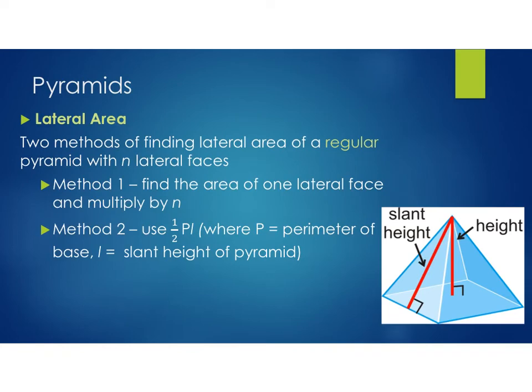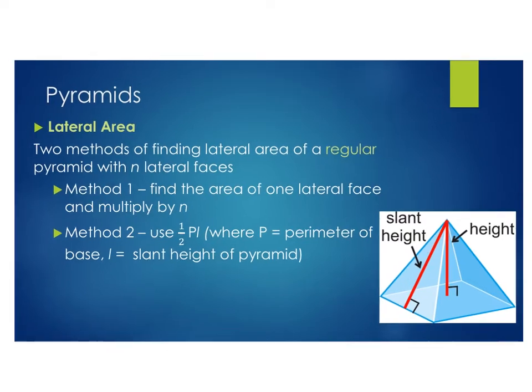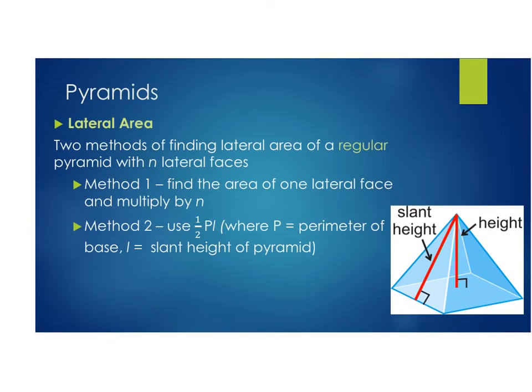But first, let's go through, and again, we need to figure out what we need to do to find the lateral area. So there's two methods when we're trying to find the lateral area of a regular pyramid with n lateral faces. Now, these two methods are only for regular pyramids. So in the figure here, this would be an example of a square pyramid.